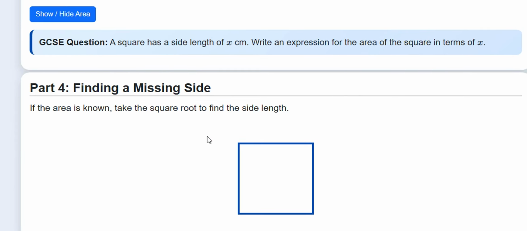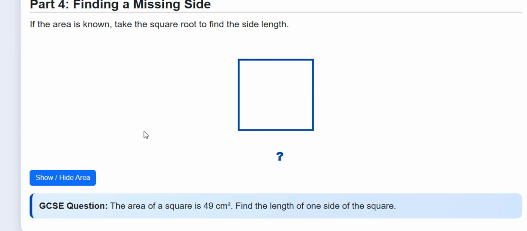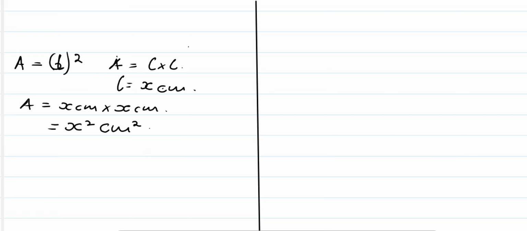And how about if you are told in this question, for example, the square has a missing side, but now you are given the area itself. Here you are given the area of a square is 49 centimeters squared, then find the length of one side of the square. Let me clean the board first.